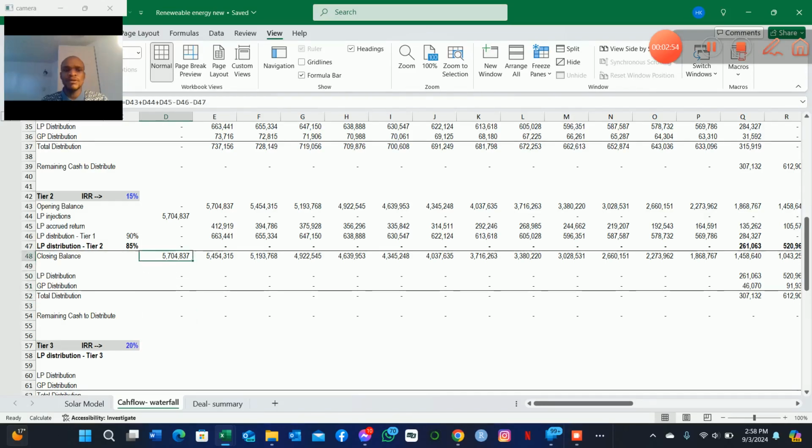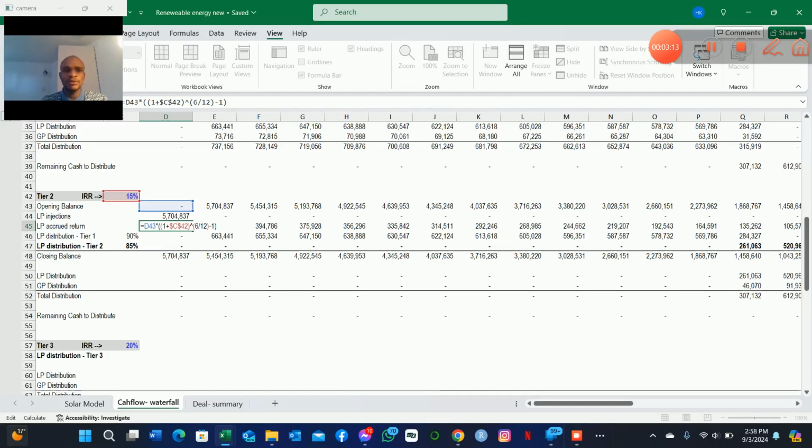One key takeaway here for the distributions in tier 2, the accrued returns, again, is that we are distributing these returns. We are making sure that we are accruing returns twice a year according to this project.